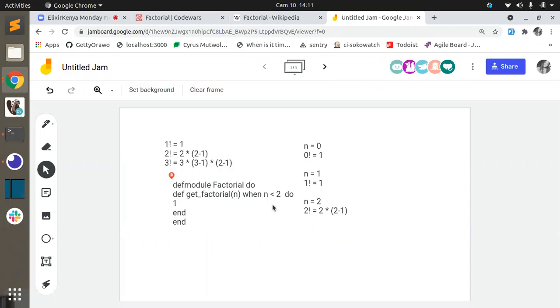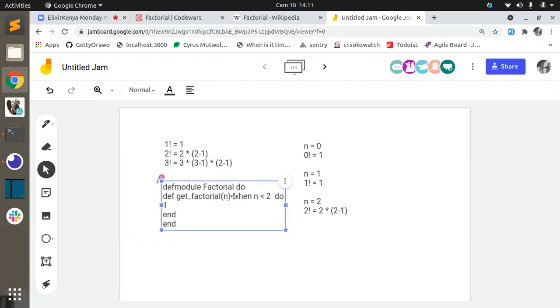So I think we should remove this when clause and instead keep just the get_factorial n and let it return n times get_factorial n minus 1.